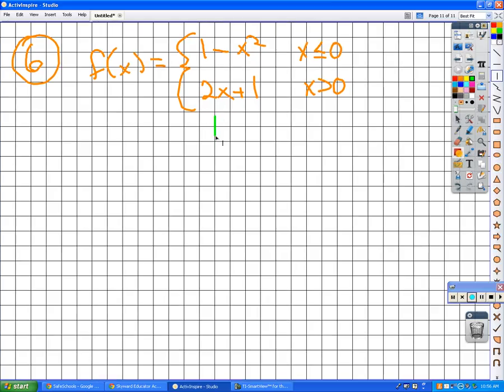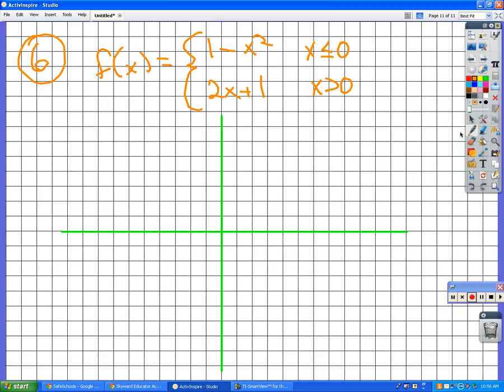So what does 1 minus x squared look like? A parabola, because it's x squared. It's upside down because it's negative x squared. And it's moved up 1 because of the 1. So I want x less than 0 here. So that's going to roughly look like that. So that's the left half of an upside down parabola that has been moved up 1. Okay?